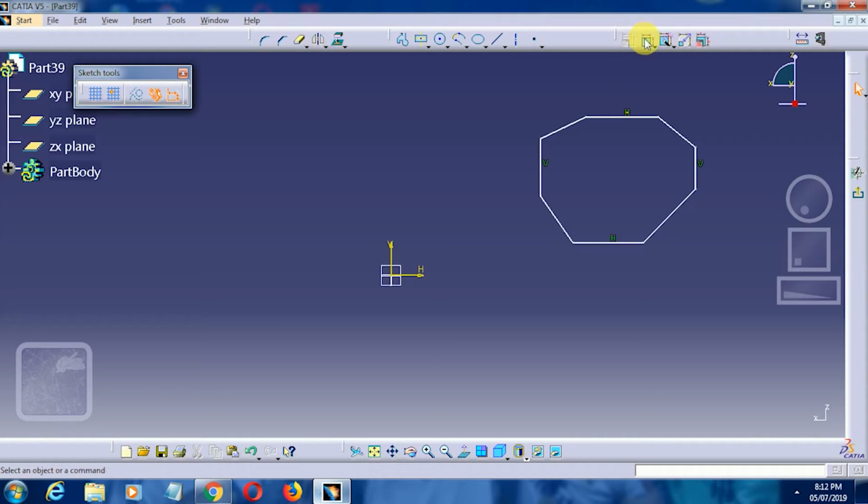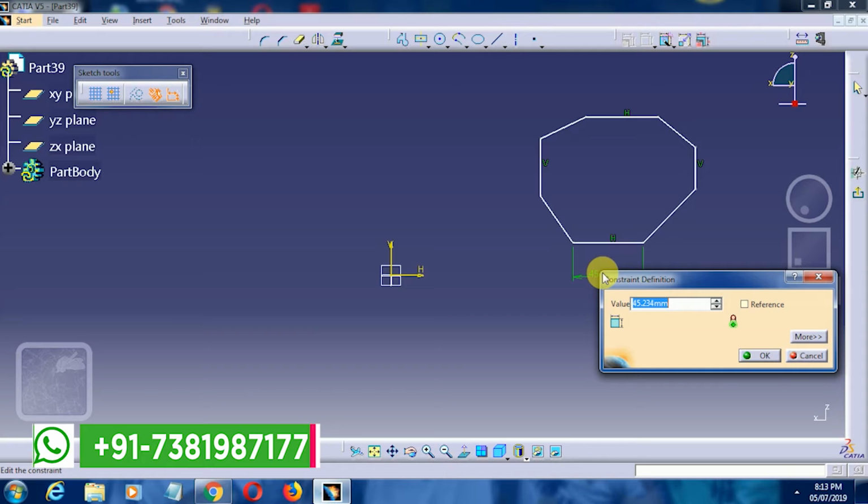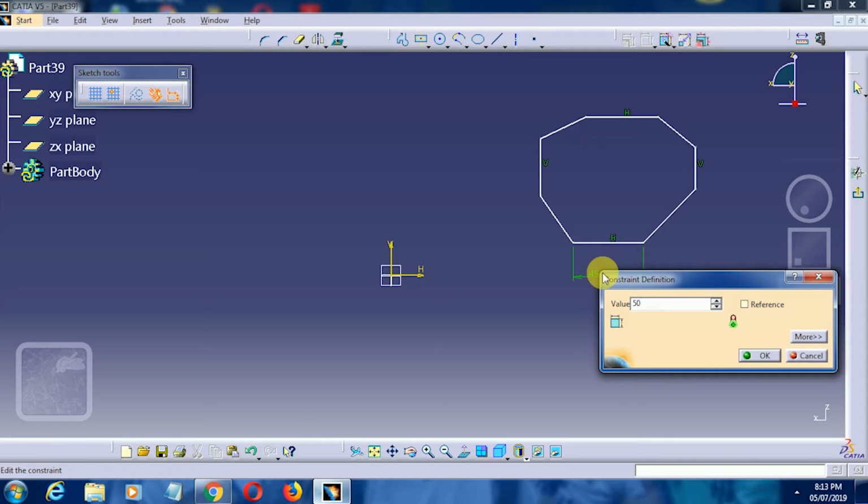Double click on the constraints dialog box, and then take your cursor to one of the lines. The line becomes blue and white. Click there, and here we can see the dimensions coming up. Once the dimensions have come up, double click on the number, and you can edit it by simply typing 50, as we have chosen an octagon of 50 mm side length.